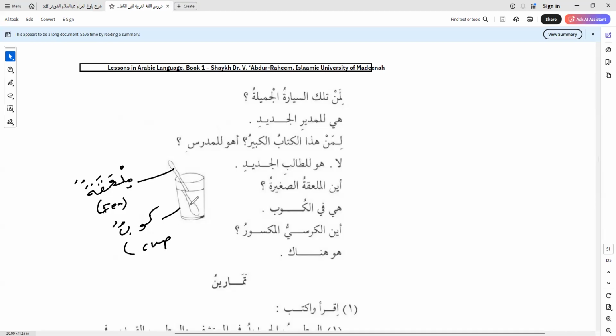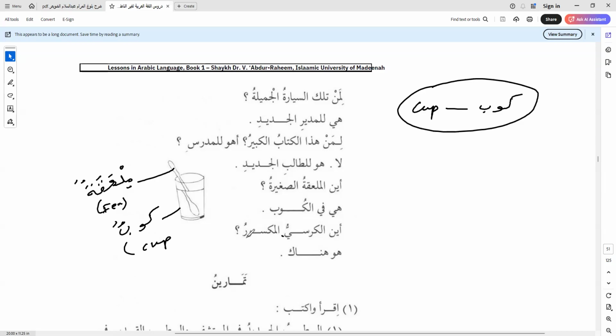So cup is كوب in Arabic. It's very close to cup, كوب. You can see there, it looks like they were borrowed from one another. I don't know whether the cup came from kub or the kub came from cup. Allahu alam.